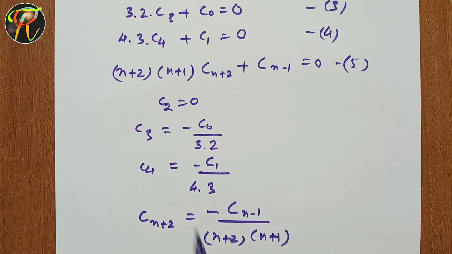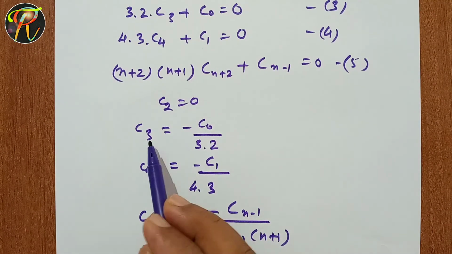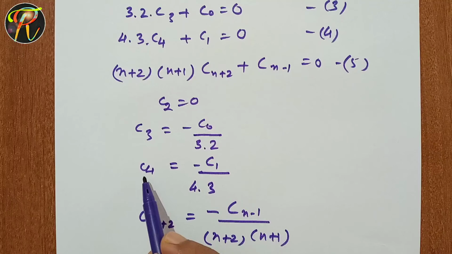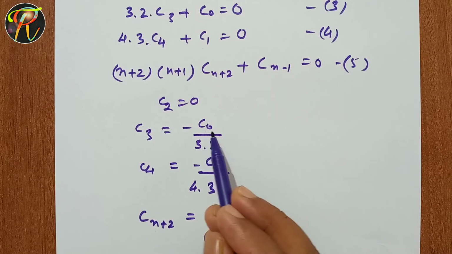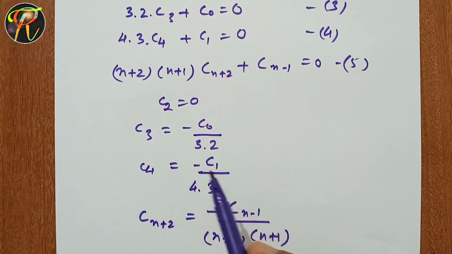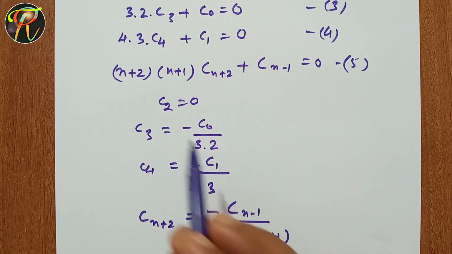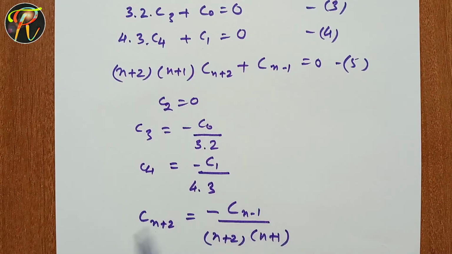So now C2 is equal to 0, so here C3 is equal to C0, and C4 is in terms of C1, so C0 as it is and C1 as it is. Since C2 is equal to 0, all the terms which contain C2 vanish.